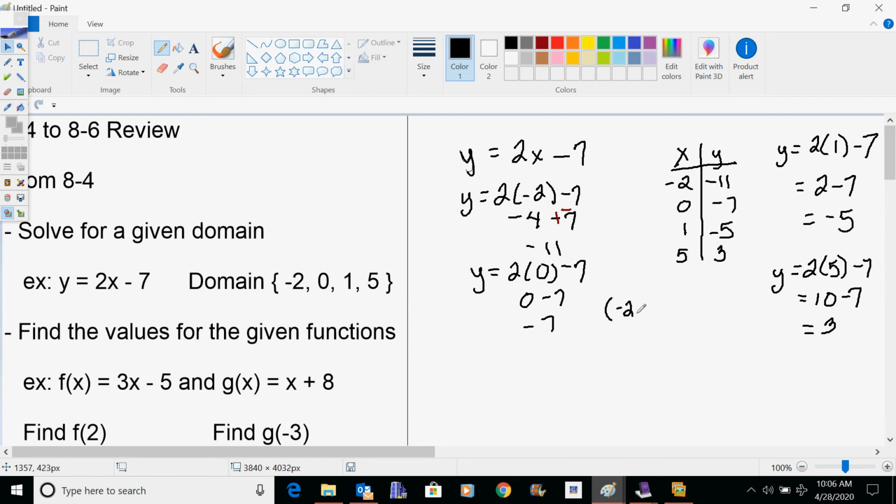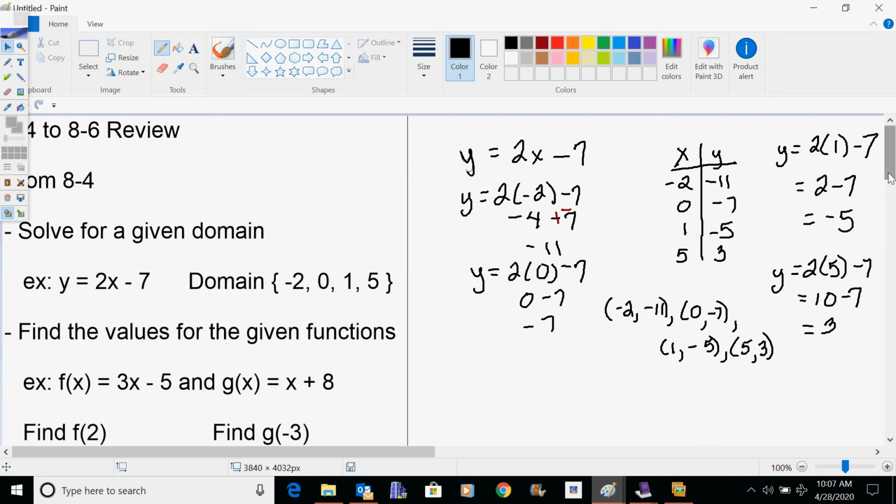So negative 2, negative 11, comma 0, negative 7, and then 1, negative 5, and then 5, 3. And I ran out of space here, but you would just type that in a nice straight line.